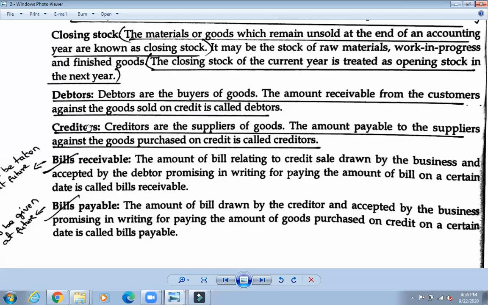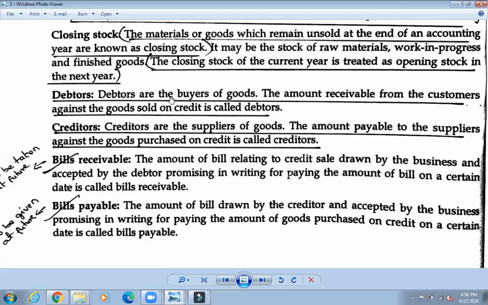Suppose I, Samir sir, am giving loan to Prashant, that means I am the creditor because I am giving the credit. The person who gives money is the creditor, the person who takes money is the debtor. So let us learn debtor.